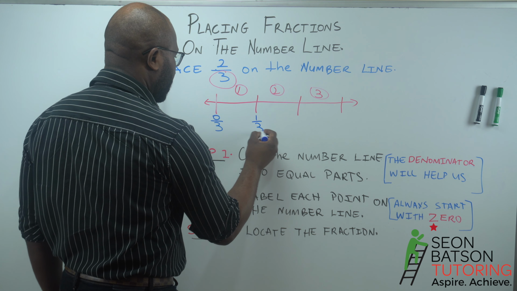Now, what fraction are we trying to find? 3/7. Do you see 3/7 on the number line? It is right here. Very good. I know you guys would have been able to master this concept. Even if you made a mistake somewhere, that's fine.